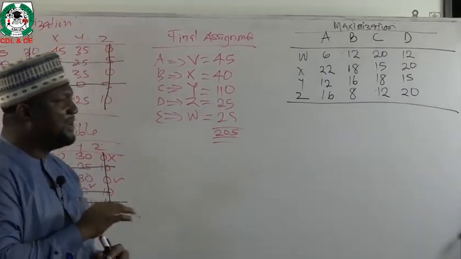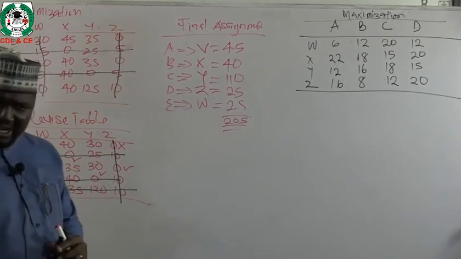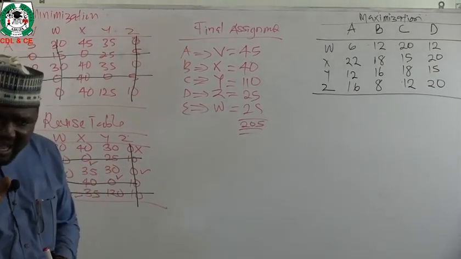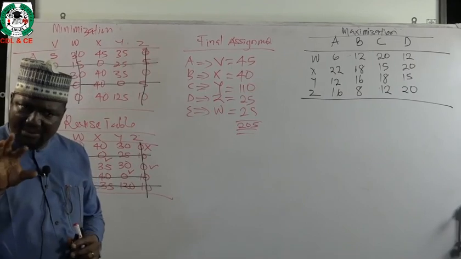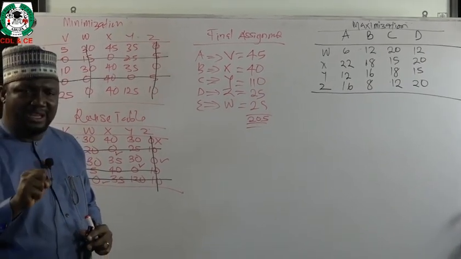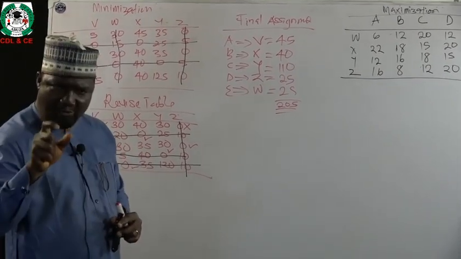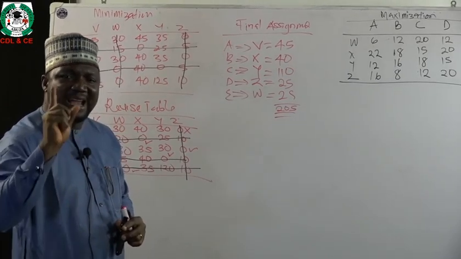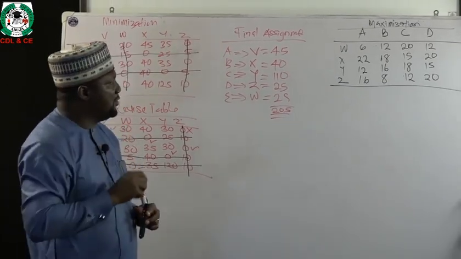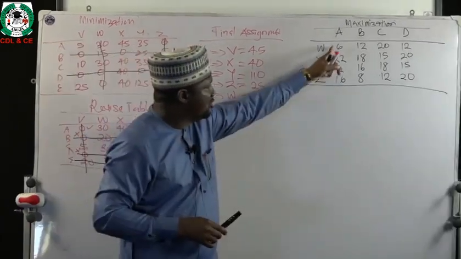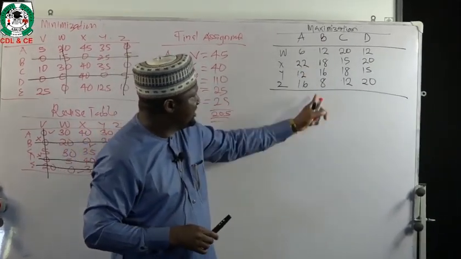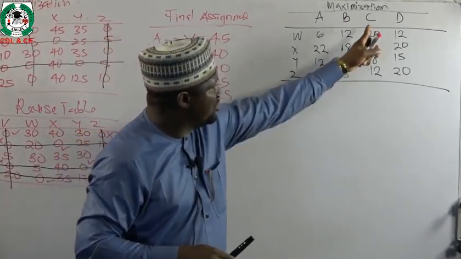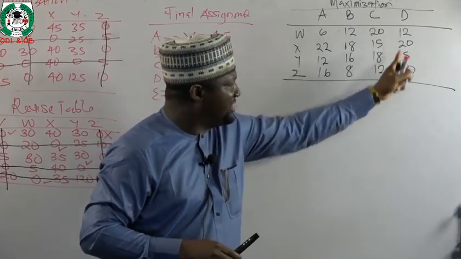Before we can convert this into minimization, what we need to do is look at the entire matrix of the values given. If we examine it, we identify the highest value. If you look at it critically, 22 is leading here, 22 is still leading, 22 is still leading.